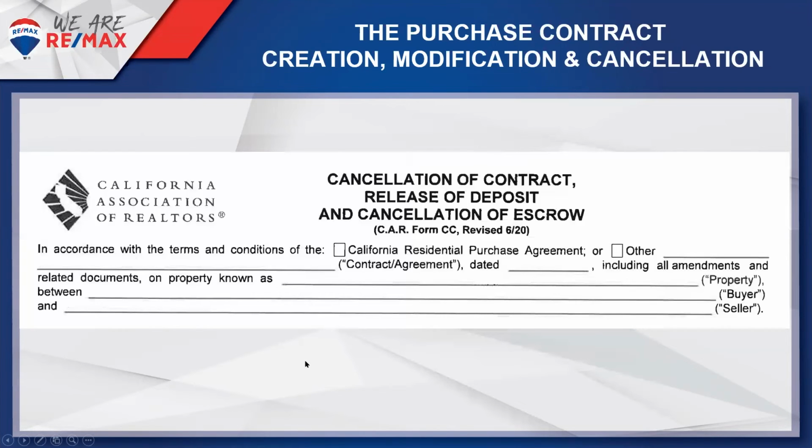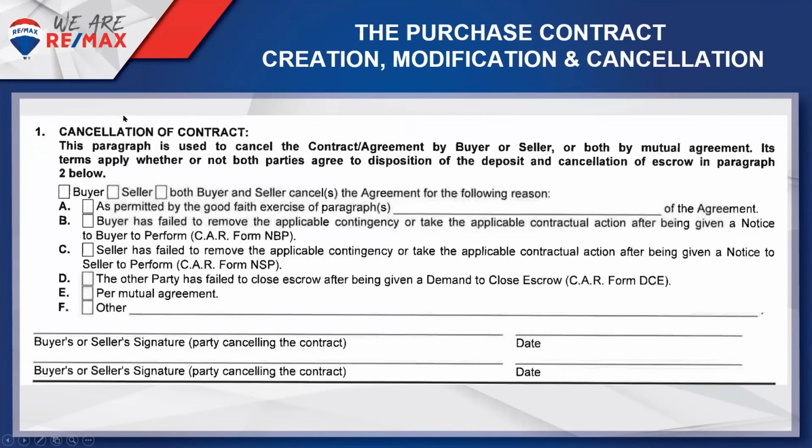And when you send the cancellation, again, the top of the form, identifying the document and the property and the buyer and the seller. Paragraph 1, the top half of the form, if you will, is the cancellation of the contract. Sometimes agents misunderstand this. This is not a request to cancel. Now, whether or not you can prevail, just because you want to cancel, a seller can say, we're canceling.